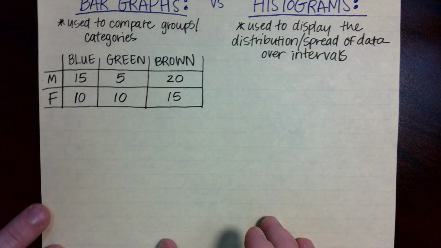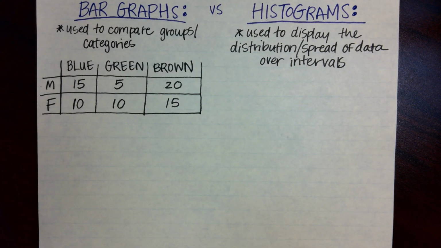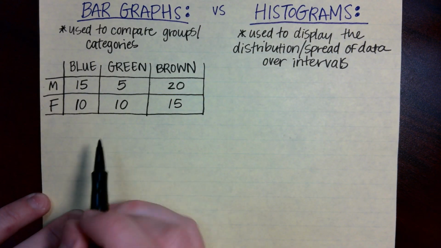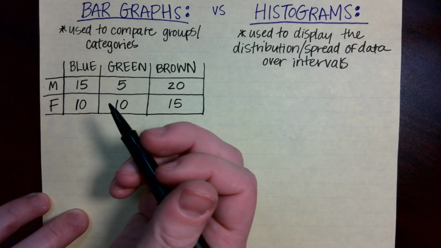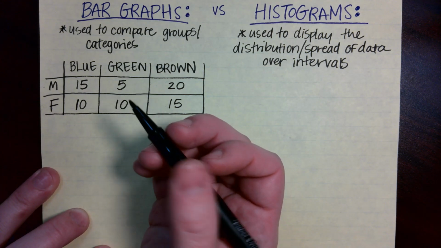So here's how we're going to label our graph, our bar graph. First of all, I'm going to write a title, and it's going to be eye color of males versus females.